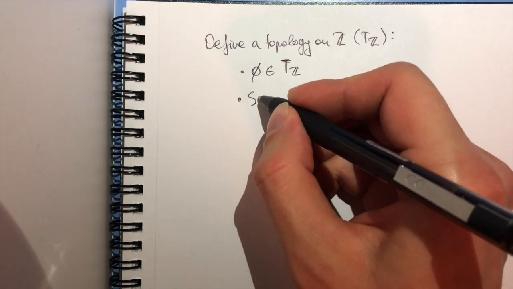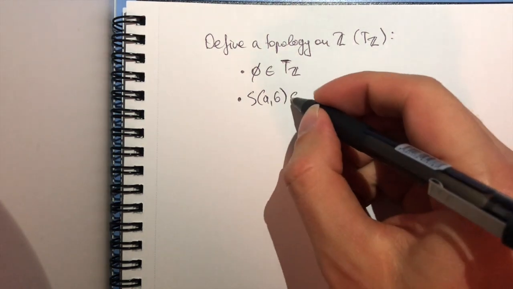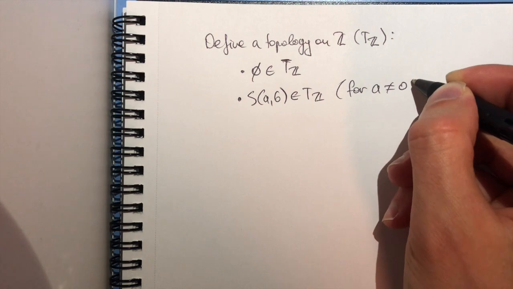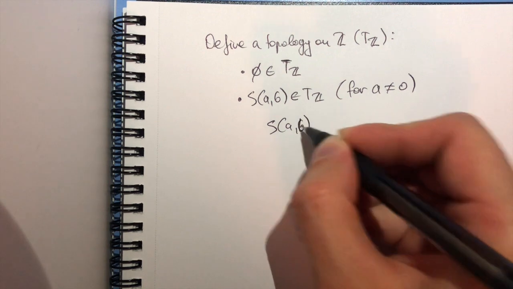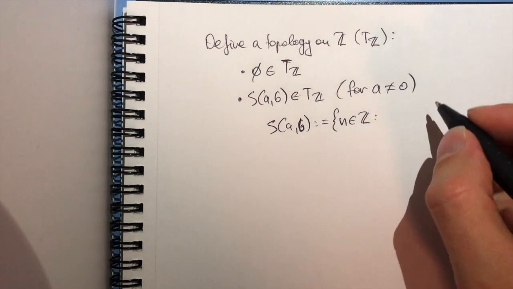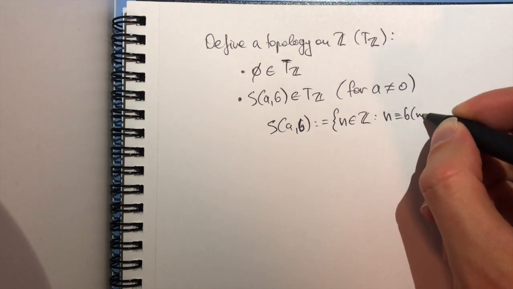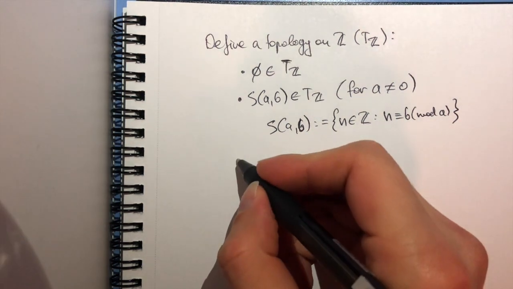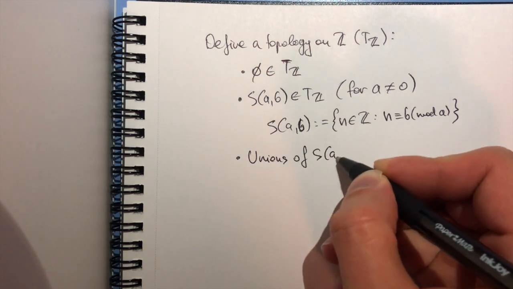And I also include sets that I denote S of A comma B for non-zero A, and every such set contains all integers that are congruent to B modulo A. Quite simple. And of course, I want to allow unions of S of A and B.